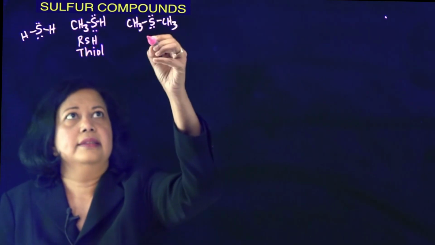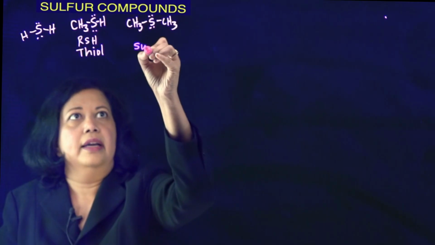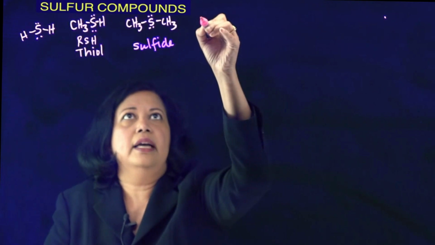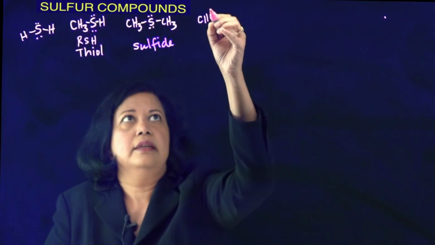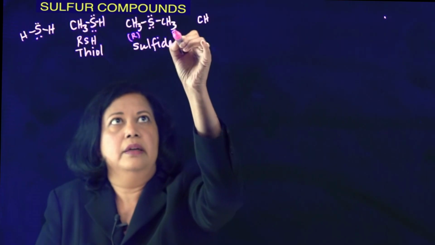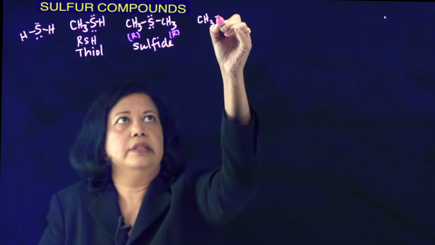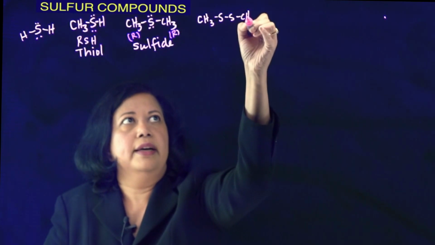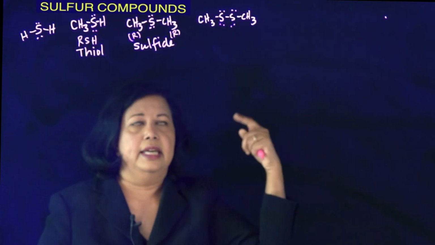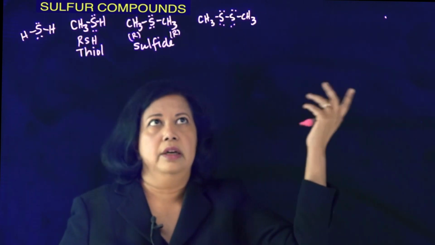So thiol, this is sulfide. And in proteins, you get lots of disulfide bonds. So I'm just putting CH3, it could be any R group. For disulfide linkages, like in your hair, you have lots of disulfide linkages that determine how curly your hair is.